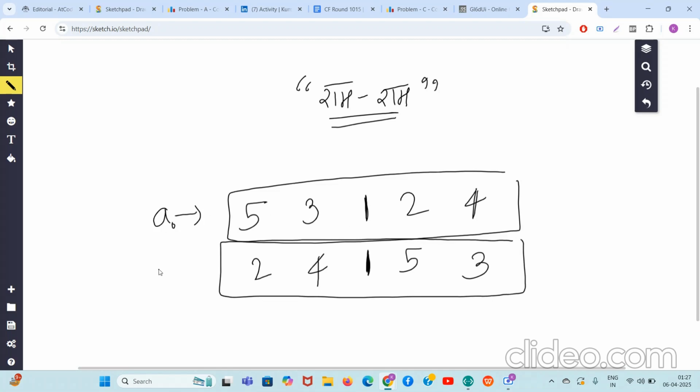This is the permutation A, permutation B. 53124 and 24153. So guys, do you know what is the trick?